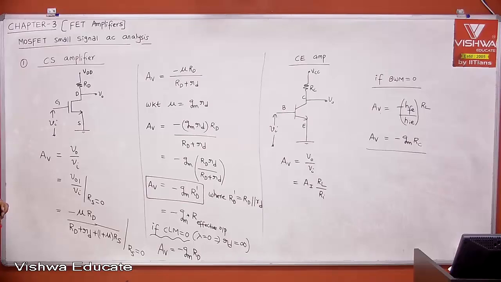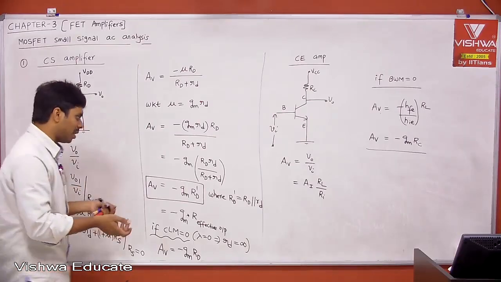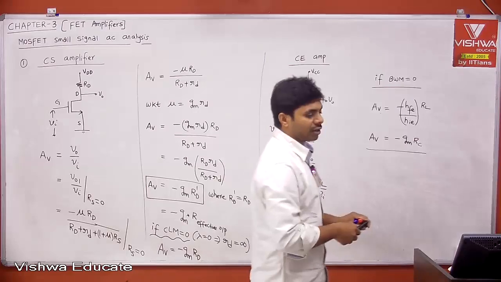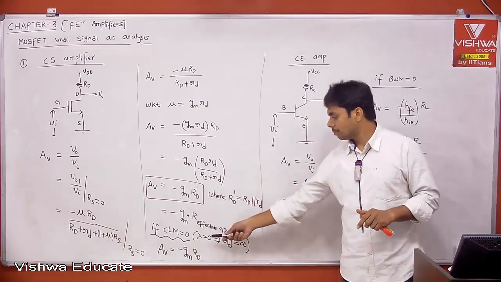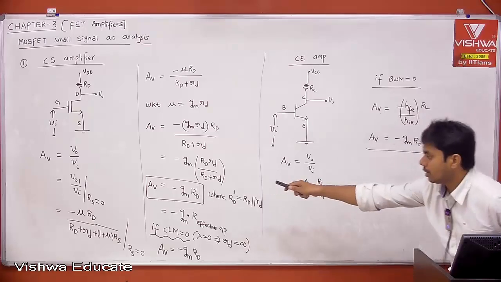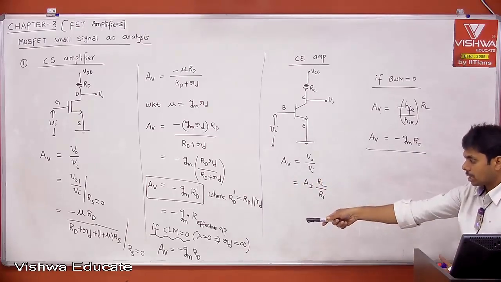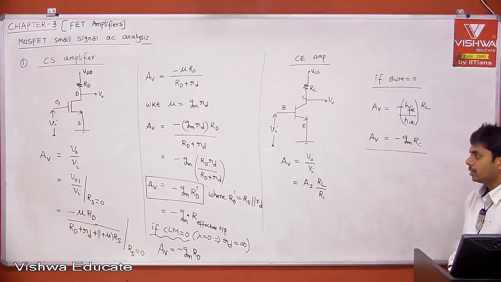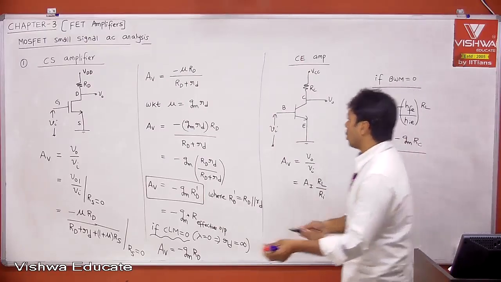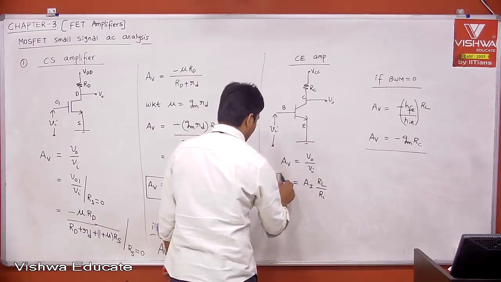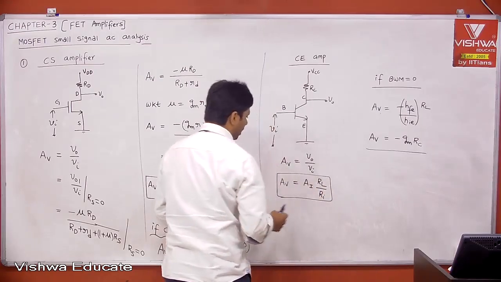For the common source amplifier, there is no need to remember an extra formula. AV is equal to minus GM into effective load, or RD dash. If you neglect channel length modulation, that is simply minus GM into RD. But remember the formula in the bracket. The last one is nothing but a derived formula, and this is the original formula. If you want to compare with the BJT, that is the one I kept in the bracket.